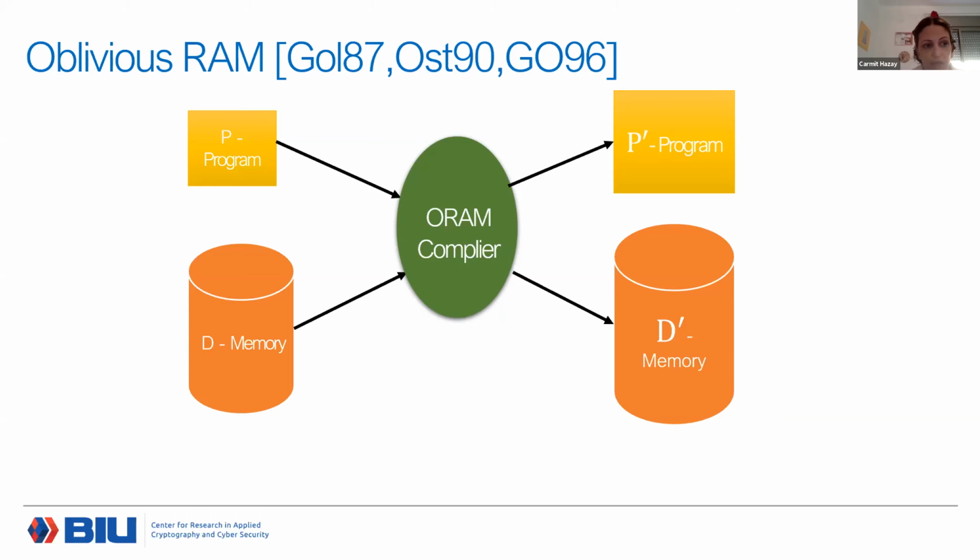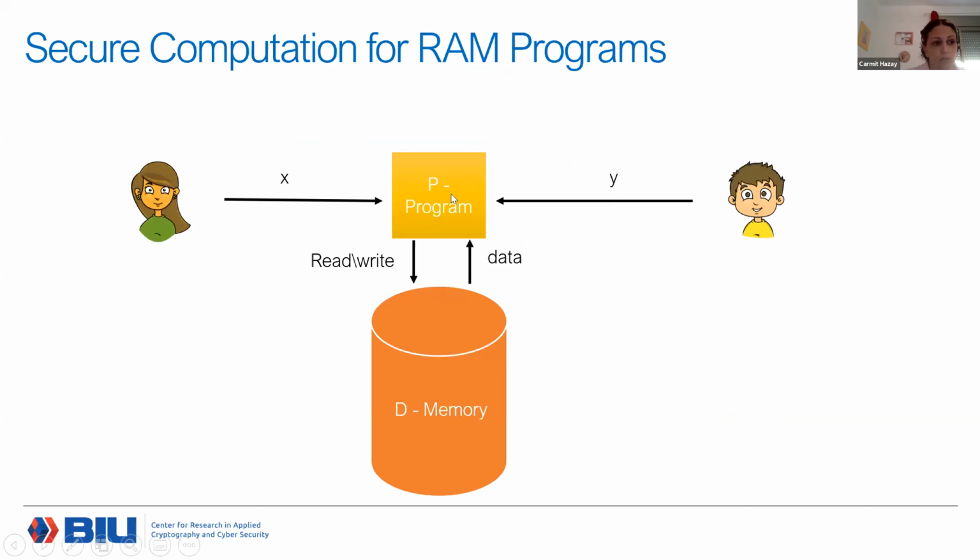And the overhead is measured with the blow up of the size of the compiled program or the memory, as well as the number of memory accesses we actually need to do in the compiled program per a single access in the original memory. Okay, so now in secure computation for RAM programs, we have two parties. They have secret inputs and they want to run some program P on their inputs.